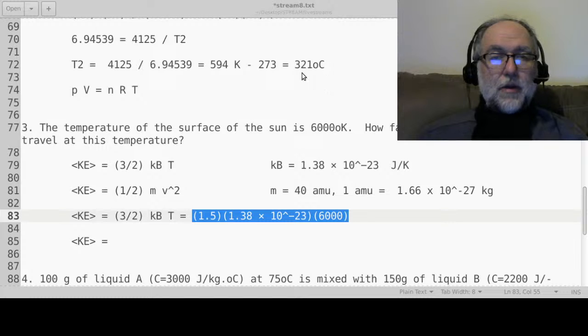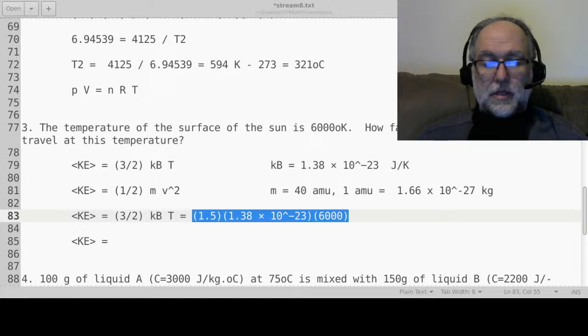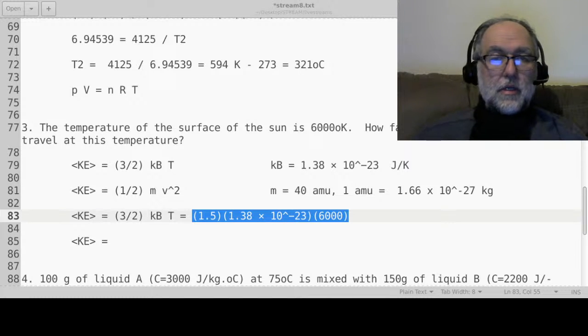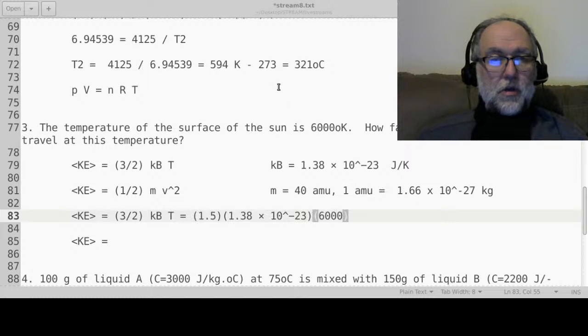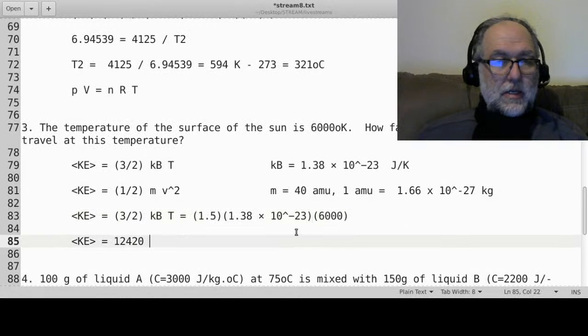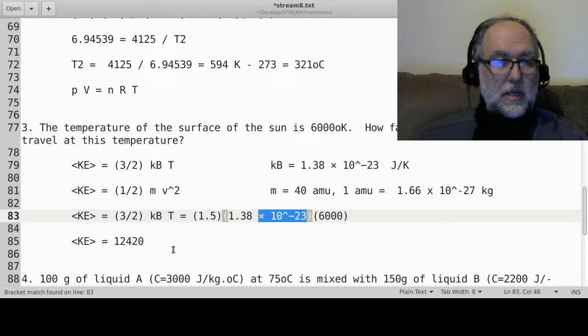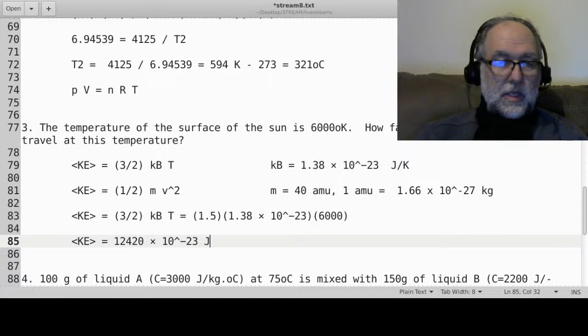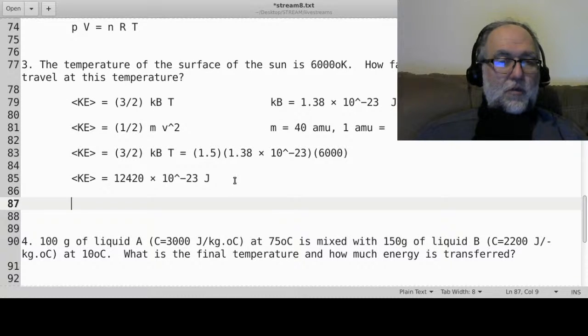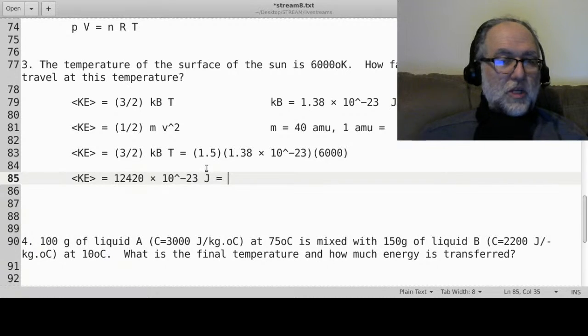Why am I getting 0 there? I know why: my calculator rounds off too much. So it's this times 10 to the minus 23 joules. If this were a question, I wouldn't write the number like that. I would move the decimal over.